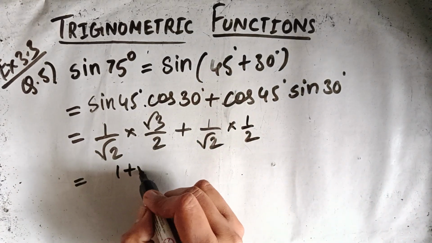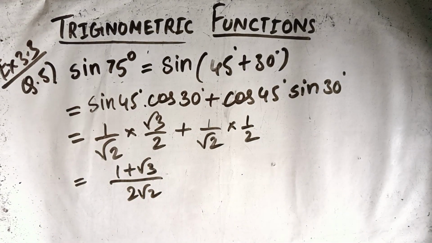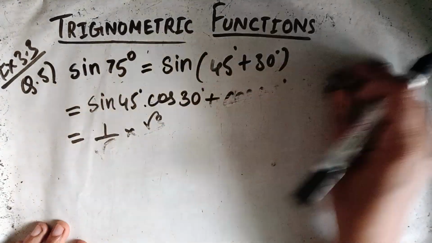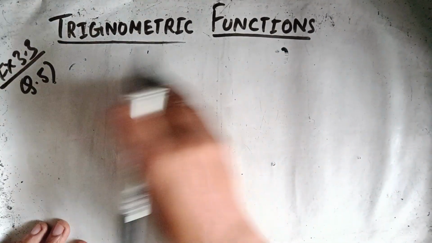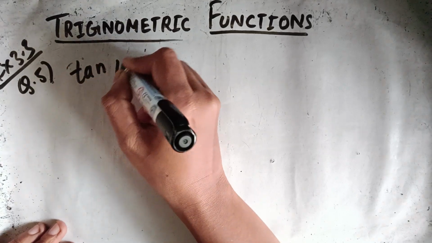So this is 1 plus root 3 upon 2 root 2. Same way you have to find the second one, that is tan 15 degree.